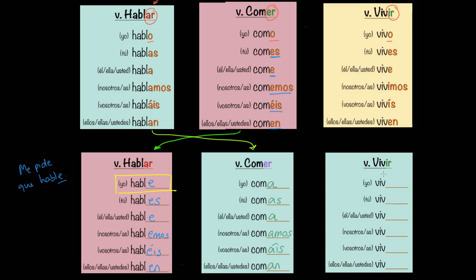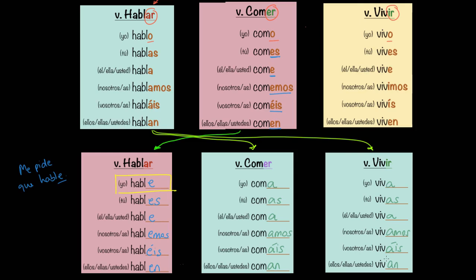And what happens with vivir? What happens with the IR endings? Exactly the same as with the ER endings, same endings as hablar. So que yo viva, que tú vivas, que él o ella viva, que nosotros vivamos, que vosotros viváis, que ellos vivan. And that's it.